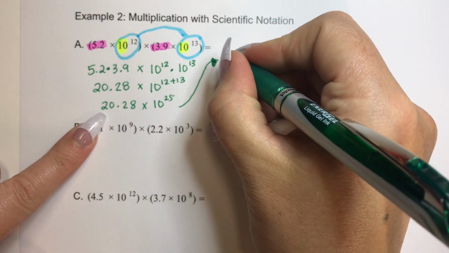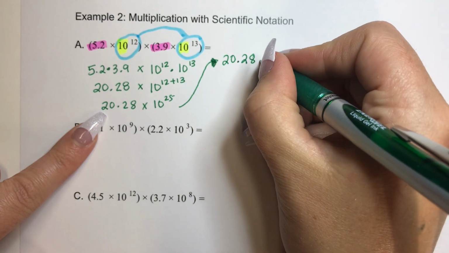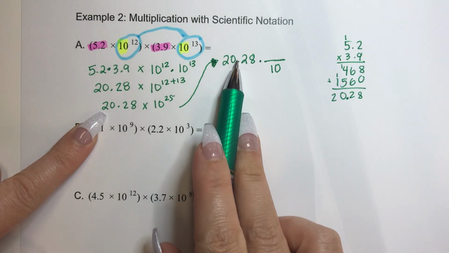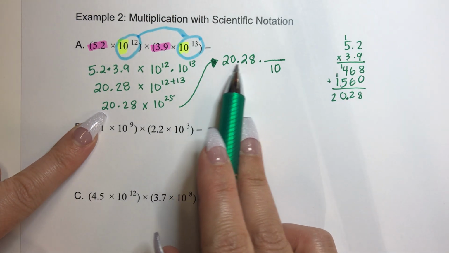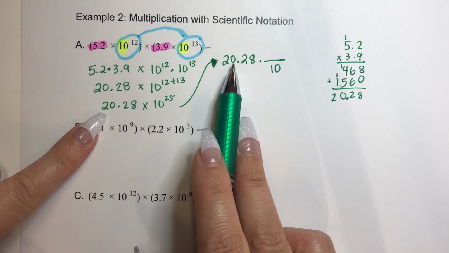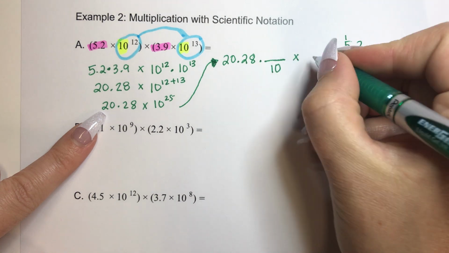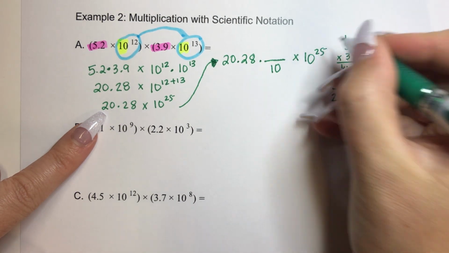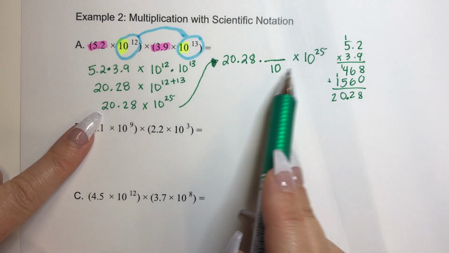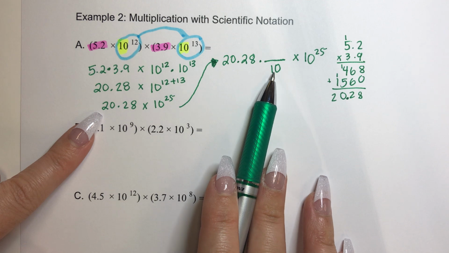So I'm going to take this 20.28 and divide it by 10. What that's going to do is make each place value go one place to the left, which would end up being 2.028, right? However, whenever we're dealing with numbers, once we divide it by 10, it needs to be the same number. So I can't just divide it by 10.